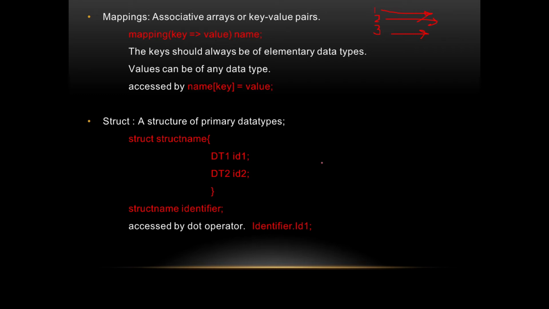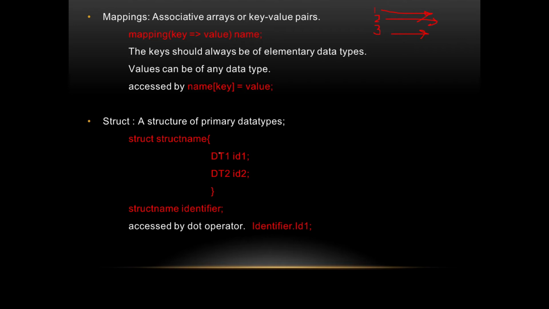Now let's go to struct. Struct is basically a structure of primary data types. So in a structure you have nested many primary data types. So what to do? Put struct as the keyword, then the name of the struct, then you put the first data type.